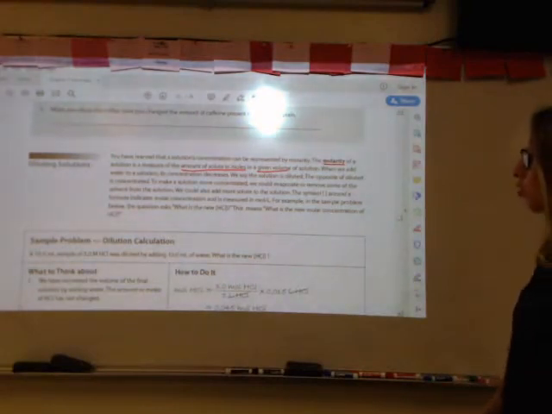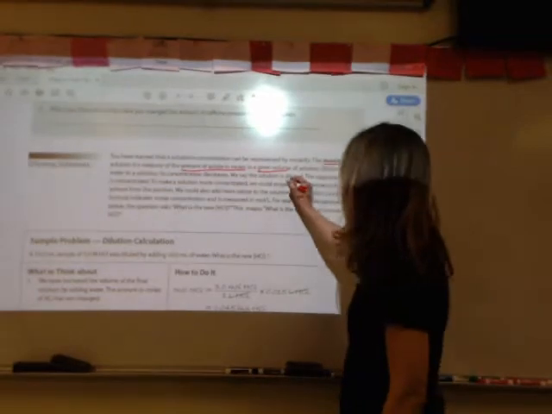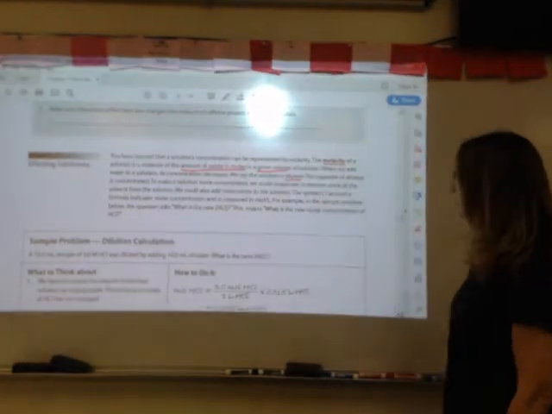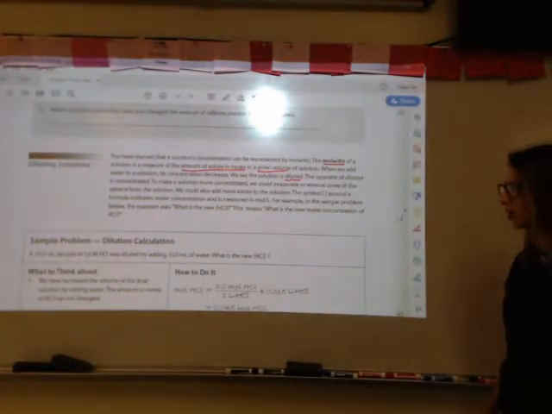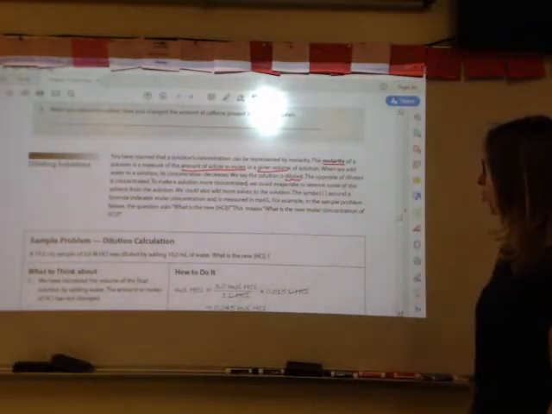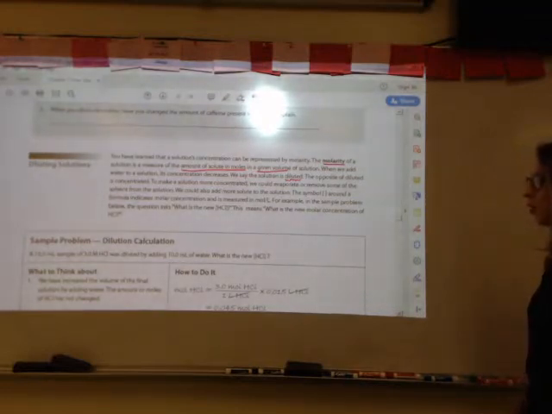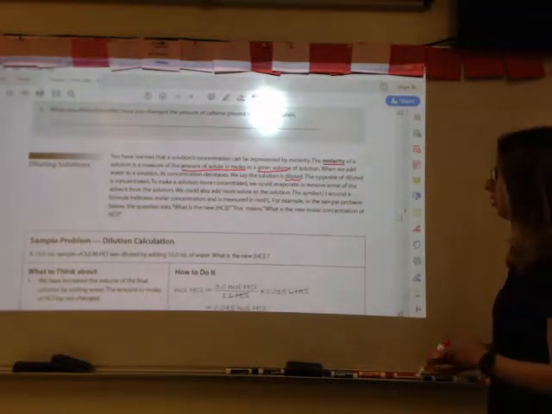And when you add water to a solution, the concentration decreases, and we say that the solution is diluted. The opposite of diluted is concentrated. And to make a solution more concentrated, you could evaporate some of the solvent, or you could remove some of the solvent from the solution. You could also add more solute to the solution.